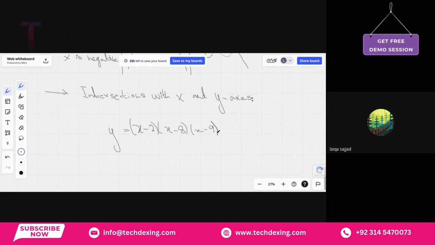What does that mean? It means that the graph would cross the x-axis at the points 2, 8, and 9.